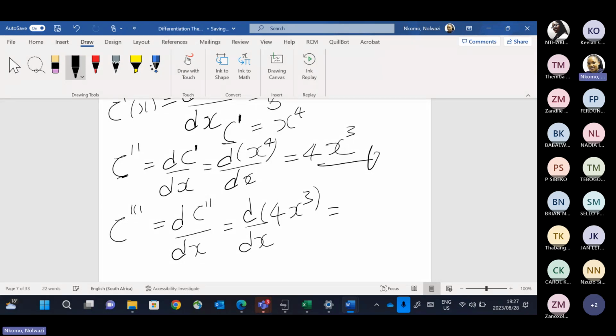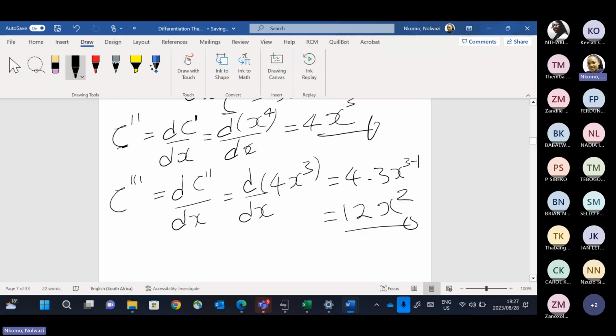Again, we apply the power rule on 4x cubed, and you'll have 4 times 3 x to the power 3 minus 1. If you simplify this, you will have 12x squared.